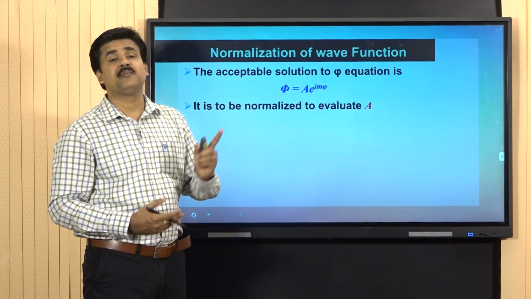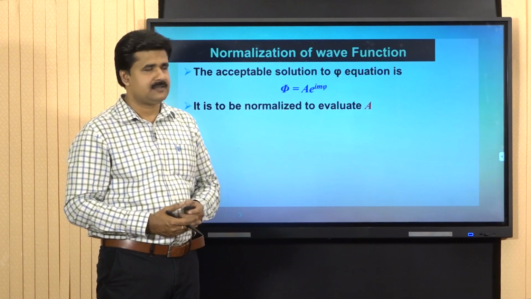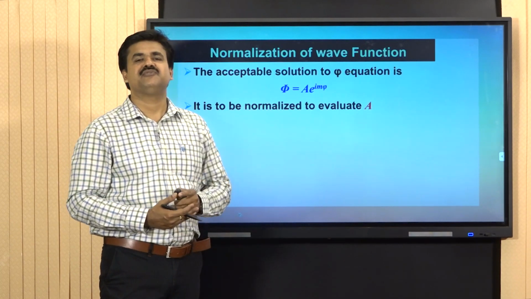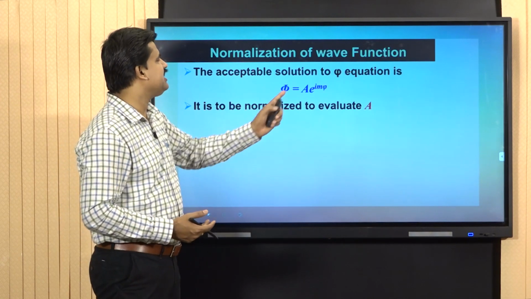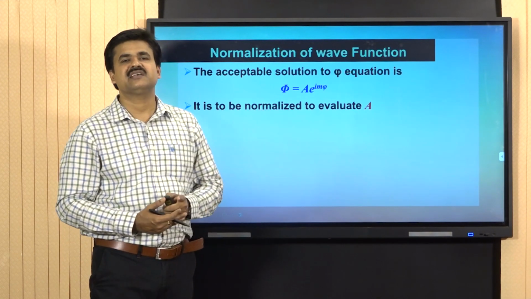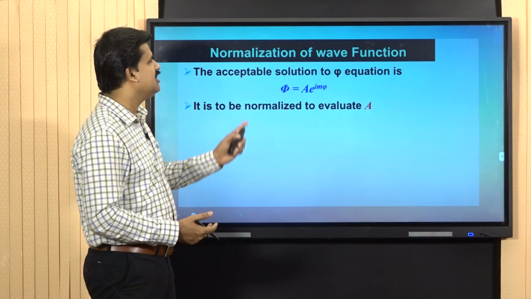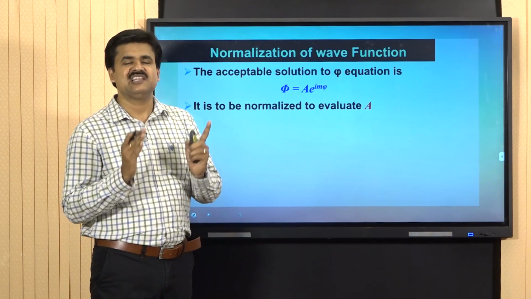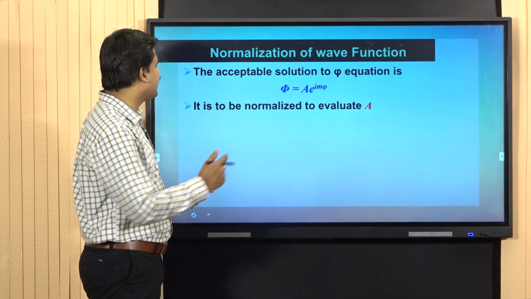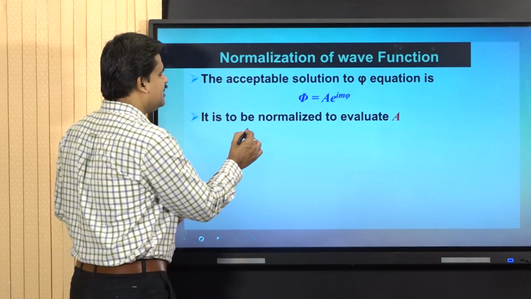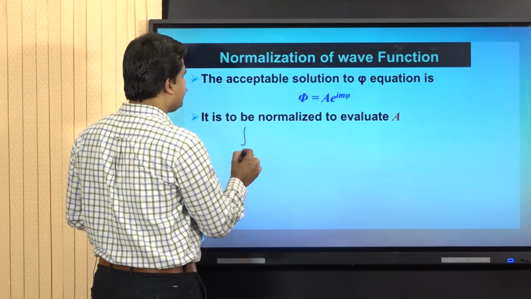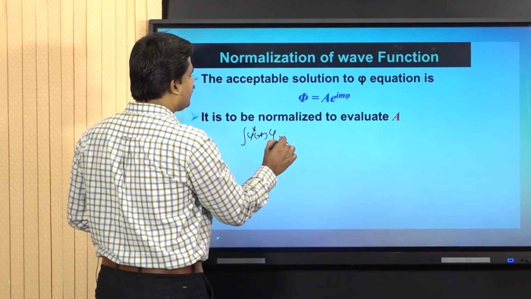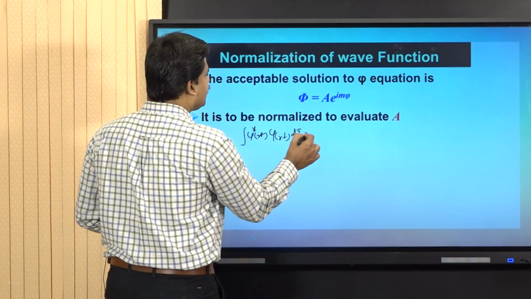Now, normalization of the wave function. It should be noted that the acceptable solution to the phi equation is Phi is equal to A into e raised to im phi. And we have to normalize this expression to evaluate the value of A. In the normalization procedure, we already learned that the general equation for normalization is integral psi star of r,t psi of r,t d tau must be equal to 1.